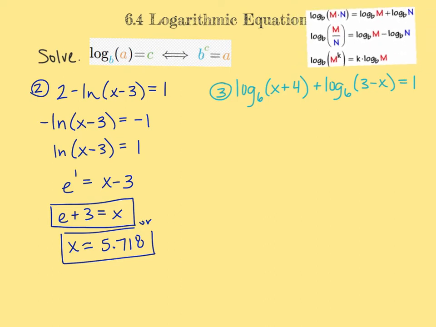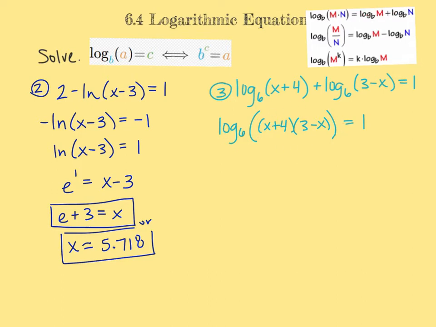So we'll have this as log base 6, and then we want to multiply x plus 4 times 3 minus x, and that equals 1. So we used our product property of logarithms in order to write this as a single log.